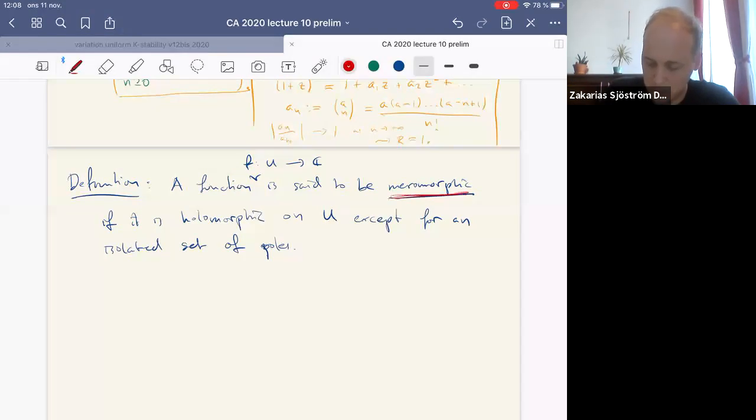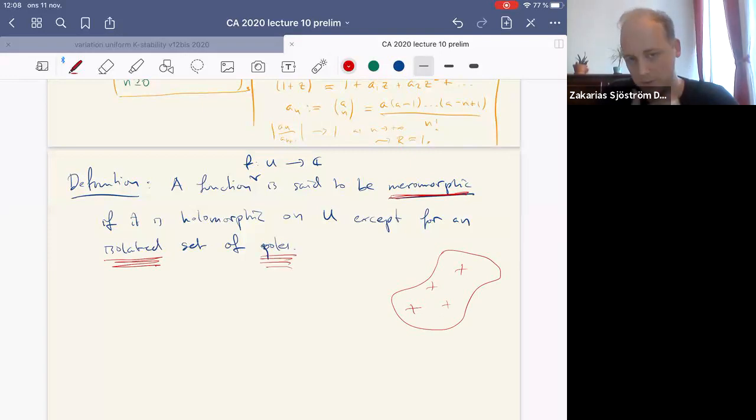So here there are several things that are important. The meromorphic function is an extension of the notion of holomorphic. It should be holomorphic almost everywhere, except on an isolated set of points, which could be infinite, but it has to be isolated. And more importantly, these isolated singularities have to be poles in this definition of meromorphic. So no essential singularities.